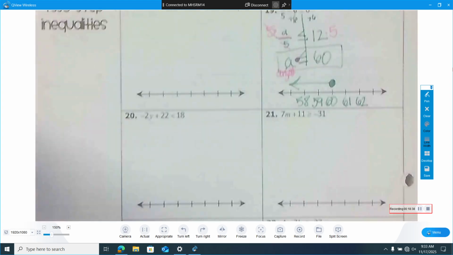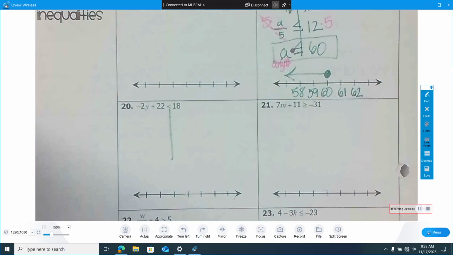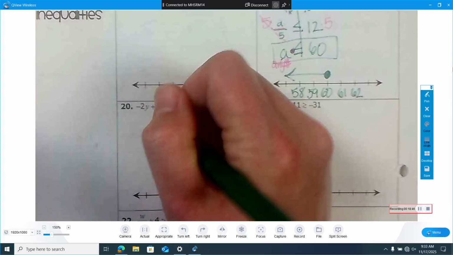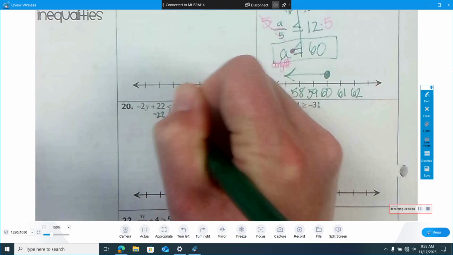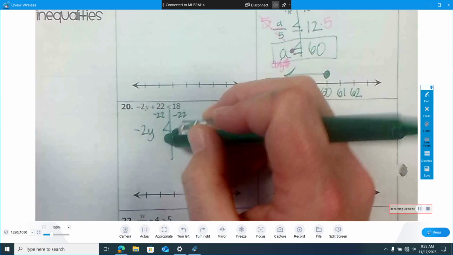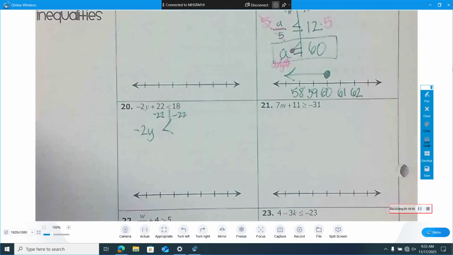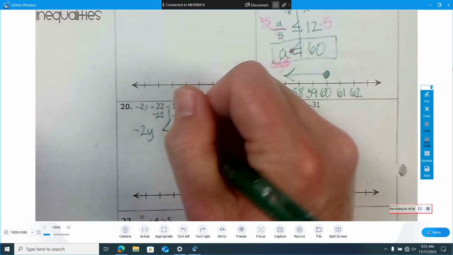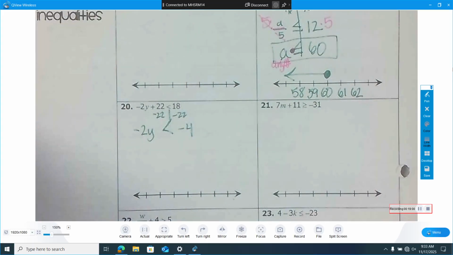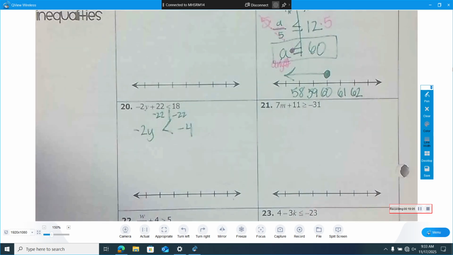All right, let's look at number 20. Number 20. Again, we want to solve for y. What should we do to solve for y here? Minus 22. Good. All right, so negative 2y is littler than... What is 18 minus 22? Negative 4. Very good. And then how do I get y by itself?